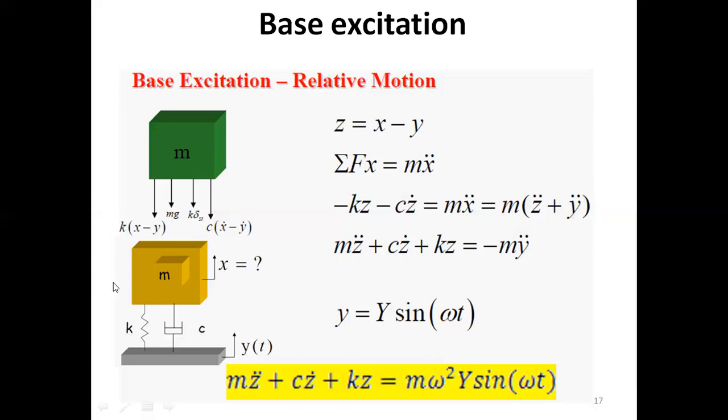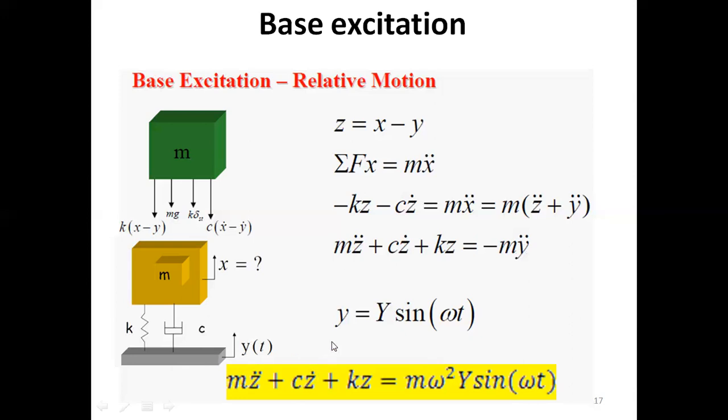Again, let's say the base excitation y is equal to Y sine omega t. It is periodic and sinusoidal. So in that case, here we have to plug in for y double dot. Differentiating this once, we would get the velocity at which the base is moving, and differentiating this twice, we would get the acceleration at which this base is moving.